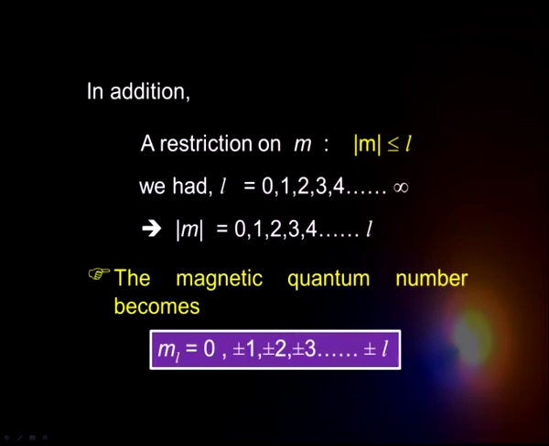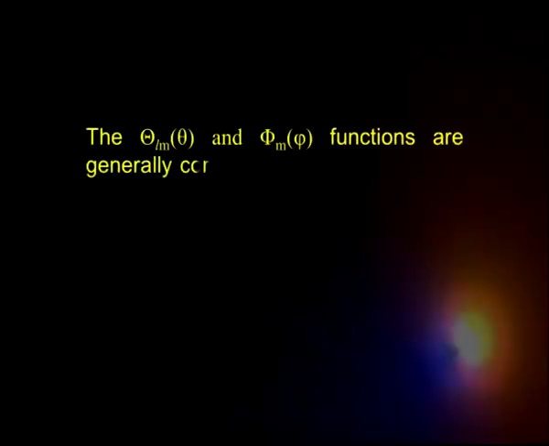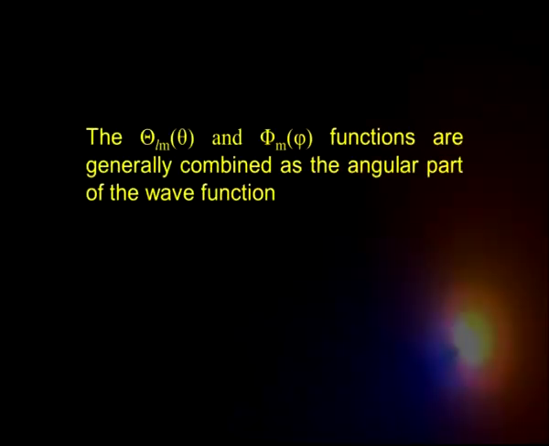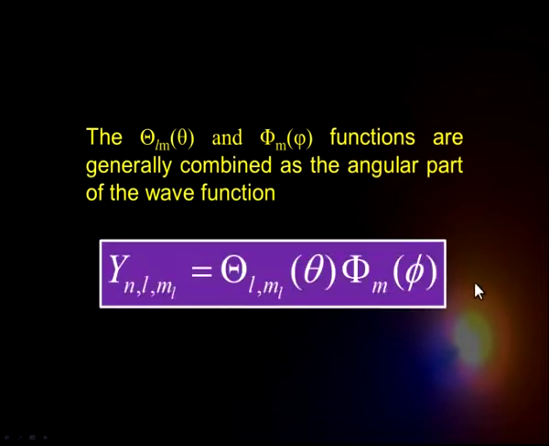Okay, so we got the phi equation solved, and the theta equation's result we have seen. Typically, the theta equation and the phi equation both involve some kind of angular component. Normally, we club these two together, and the wave functions are called the angular part of the total wave function.